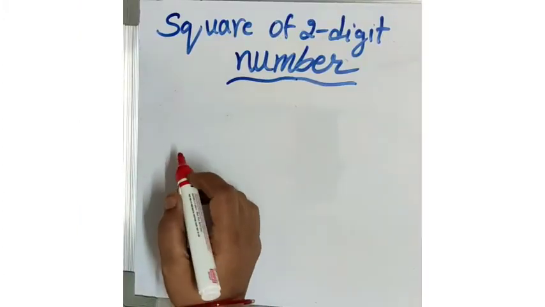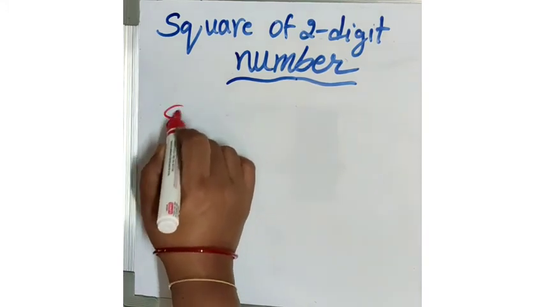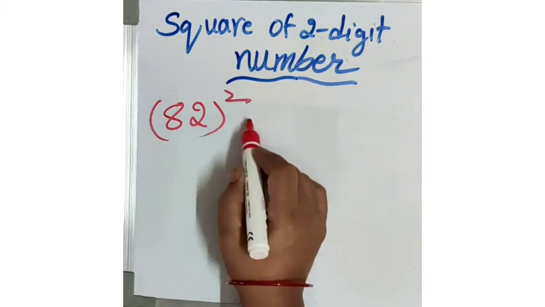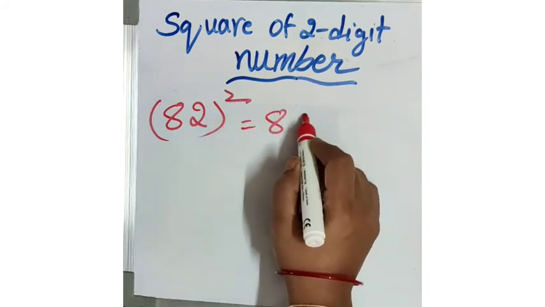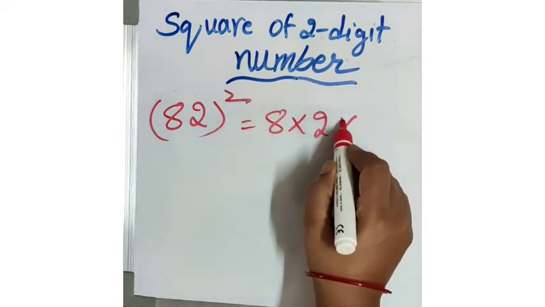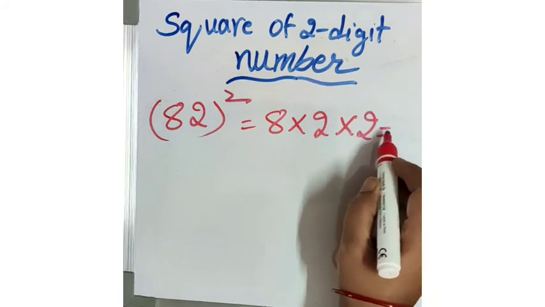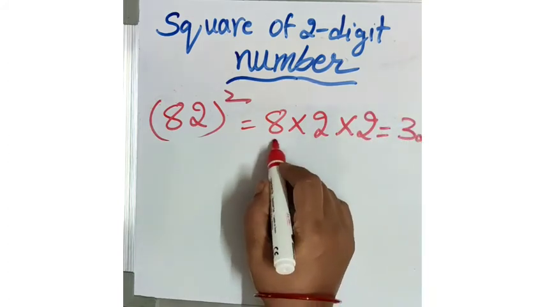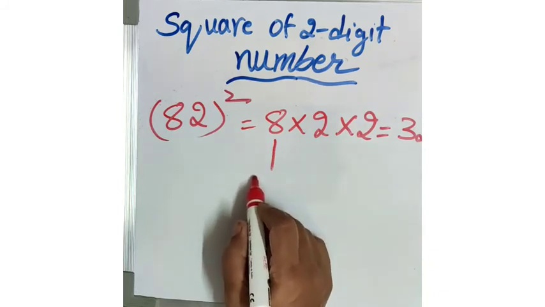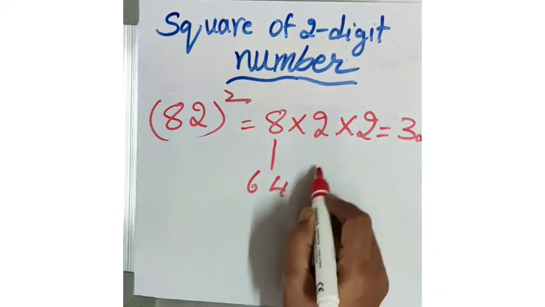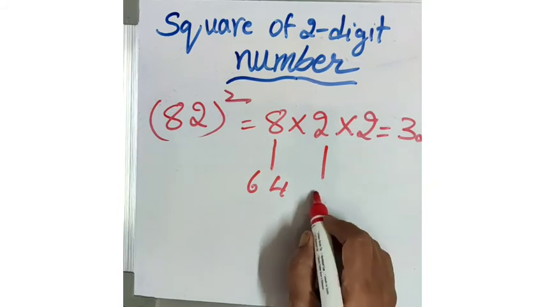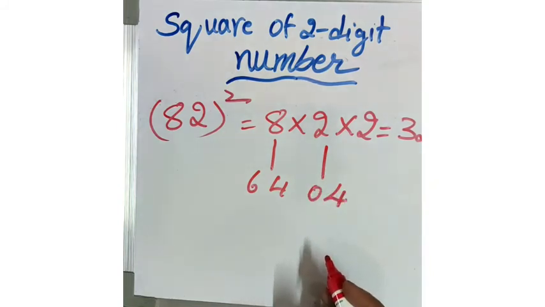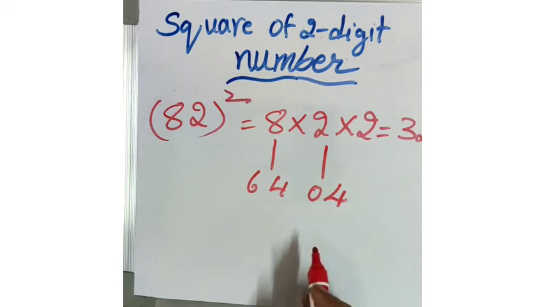Now let me take one more example, that is 82. Let's find square for this. First what we have to write? 8 into 2 into 2. What is the answer you get? 8 2s 16, 16 2s 32. Now you square this one. 8 square 64 and 2 square is 4. Make it as 04. Since we write 04, the answer doesn't vary.